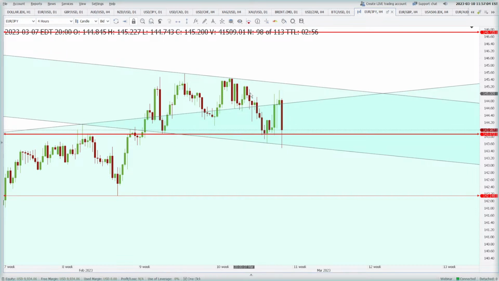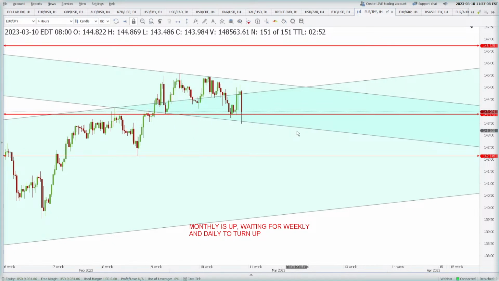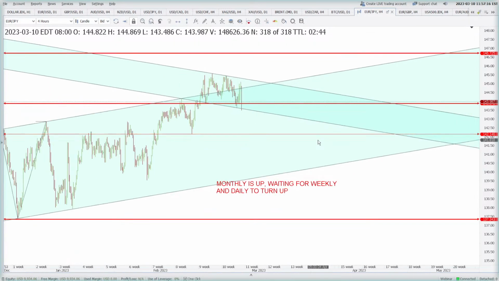So you should be looking for a buying opportunity whenever the price strikes this falling channel support line, but it should all happen above 142.14. If the price goes below this level, 142.14, then we will become sellers in the euro yen because it will be a break of the market structure. I hope you follow here also.